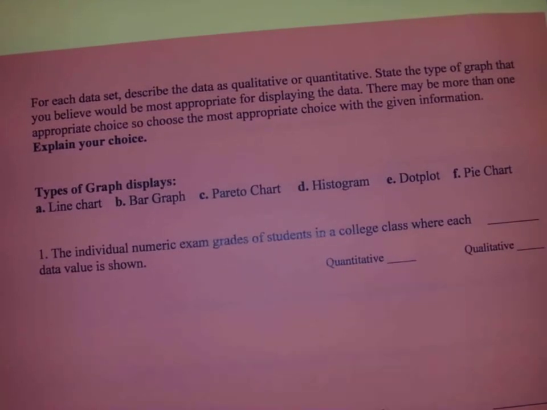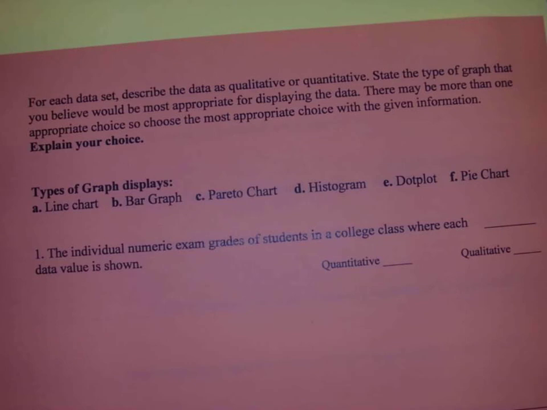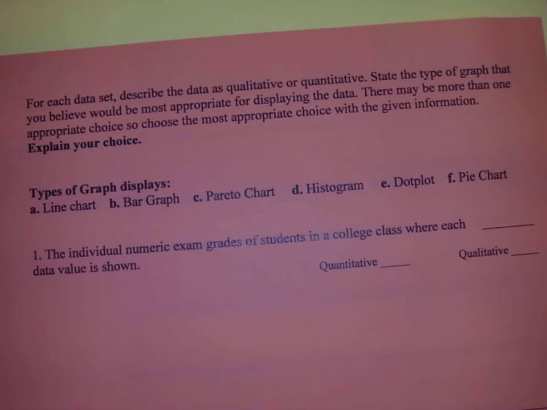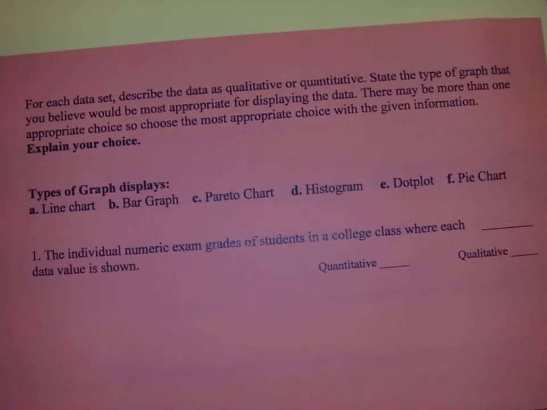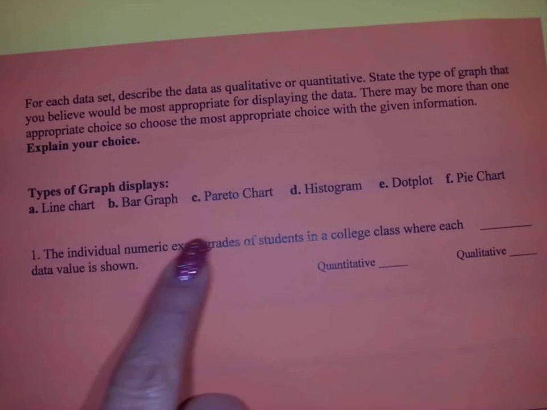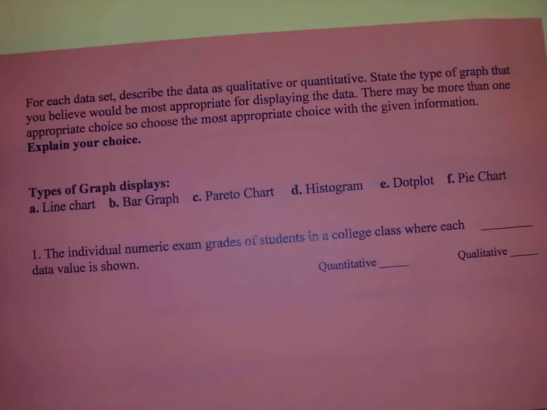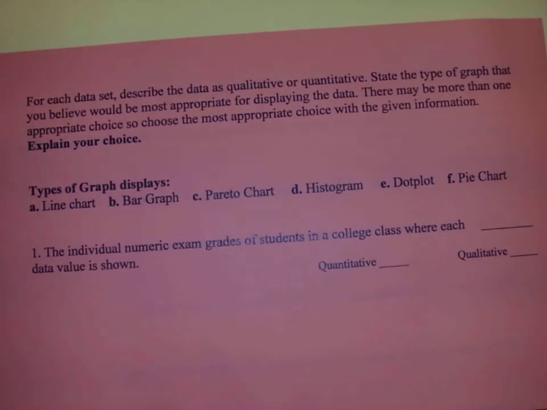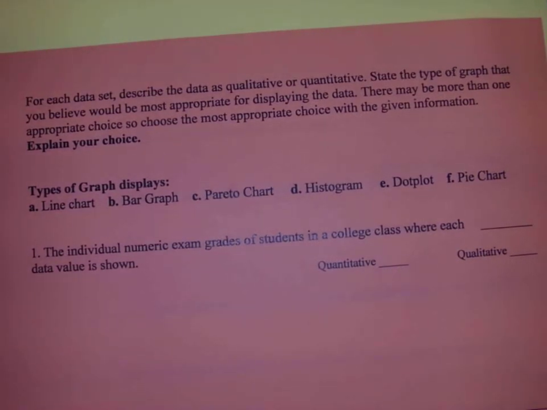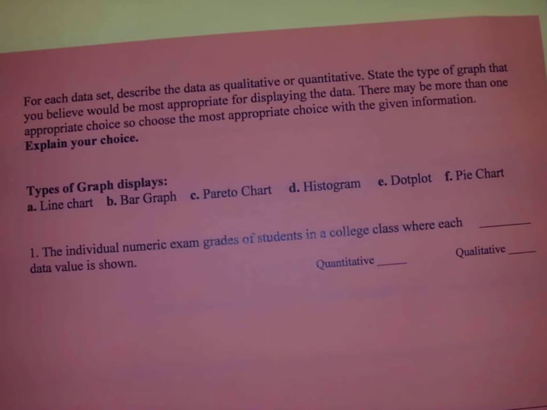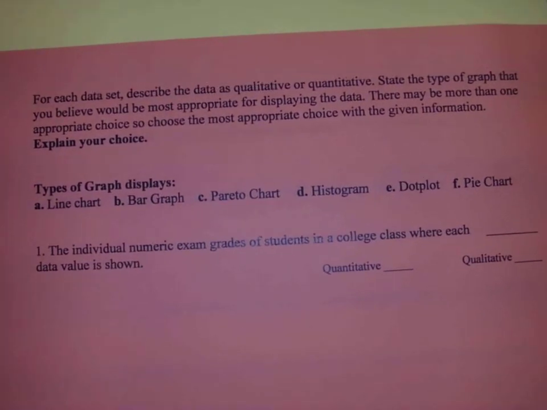And then state the type of graph that you would think is most appropriate. There may be more than one appropriate choice, so choose the most appropriate one that you think, and pay attention to some of the questions because it might help narrow down your choices, even though you might have several that you could use. Which one would be the better one to do exactly what it says? So read the questions carefully.